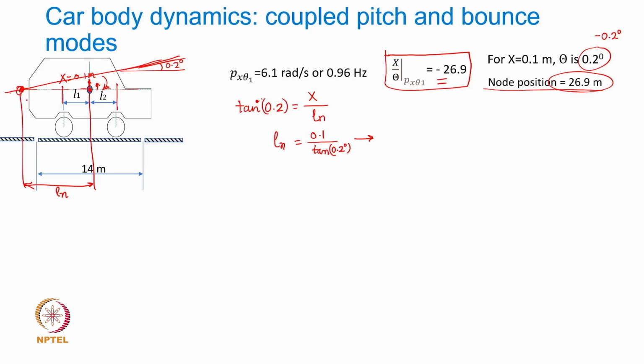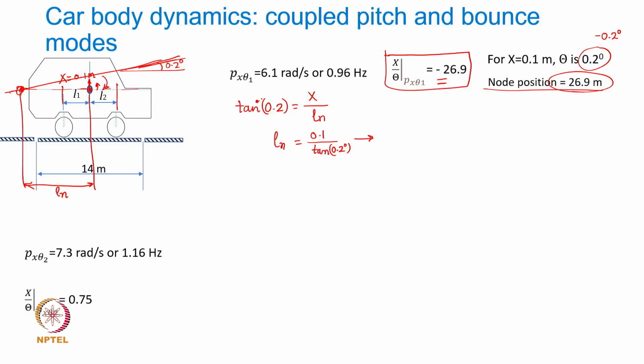So it means that the car is going to have very little oscillation or very little pitch when the bouncing is happening. So this first coupled pitch bounce mode is going to have predominant bounce motion and a very little pitch motion. Okay.